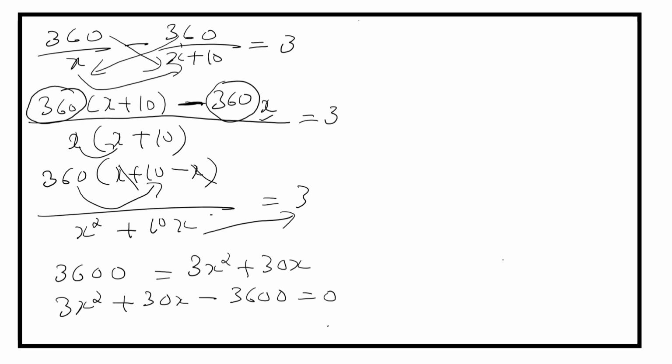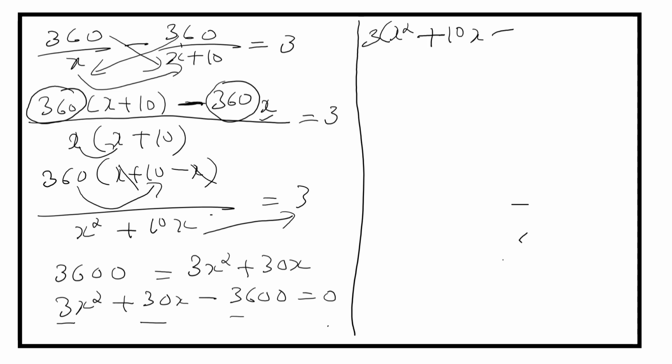Here you can observe 3 is common, isn't it? Let us take it outside. 3 into x square plus 10x minus 1200 is equal to 0. So the equation is x square plus 10x minus 1200.